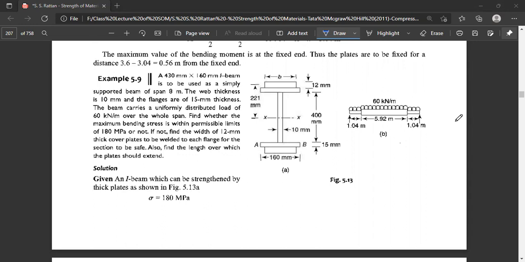Let us go to the similar problem here. Here, we do not have a cantilever beam, but a simply supported beam.